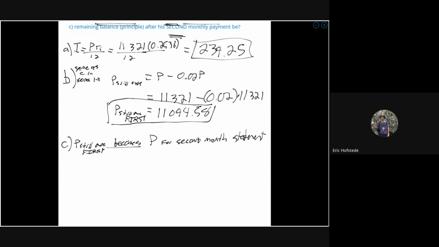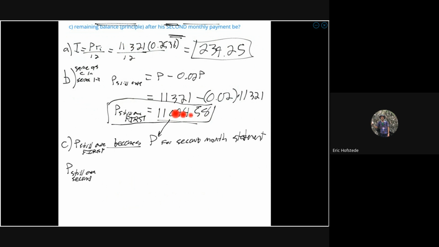All right. So this, which I just calculated, that I still owed after my first payment, is now becoming my principal for the next month. So when I calculate the principal I still owe after the second month, I've made a little chip off of it in the first month. So I don't go back and use the full starting principal.